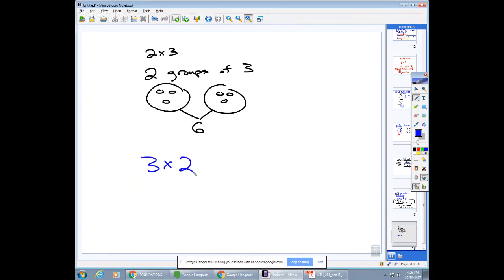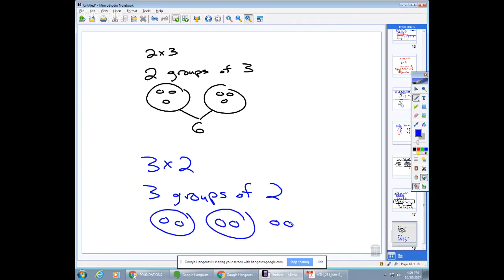And so I would look at that as 3 groups of 2. I have a group of 2, and another group of 2, and another group of 2, and all together in all 3 groups, I can get my 6.